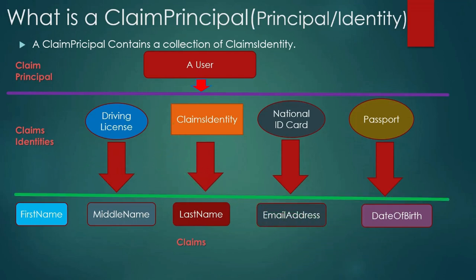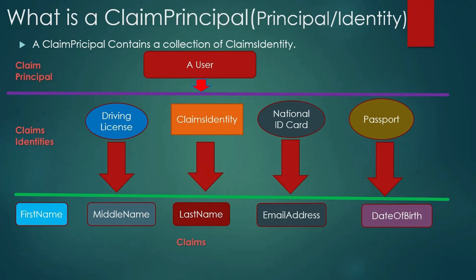So this is how it looks. We have all the claims, and a claim is a piece of information about the user. Then a collection of these claims makes a claims identity, where we have given examples such as the driving license, national ID card, and the passport. All this information identifies a specific person, who is you and me.